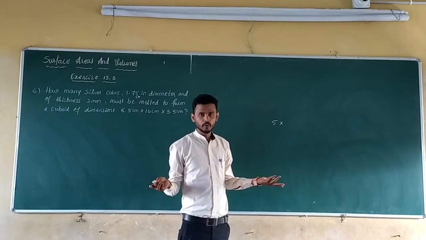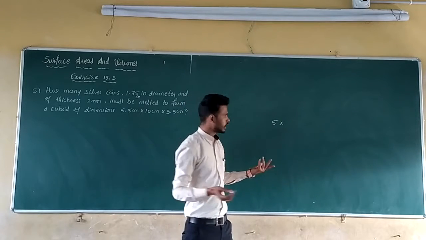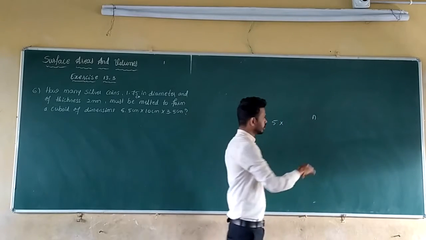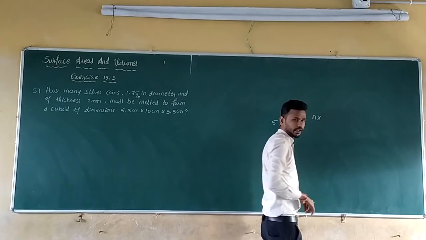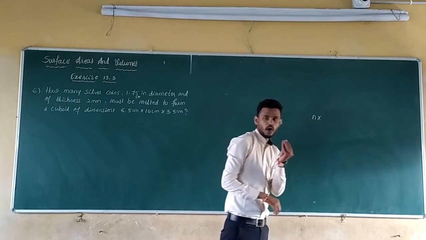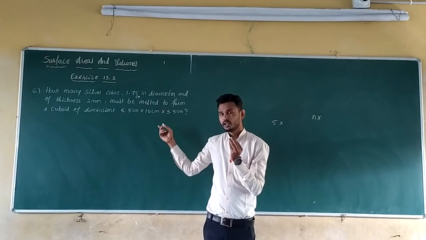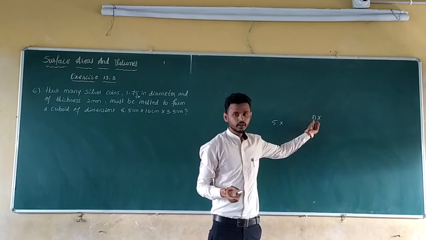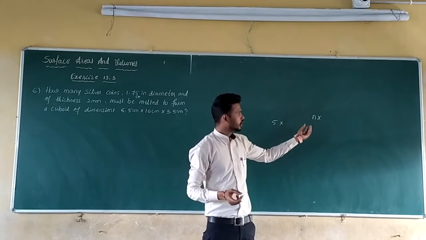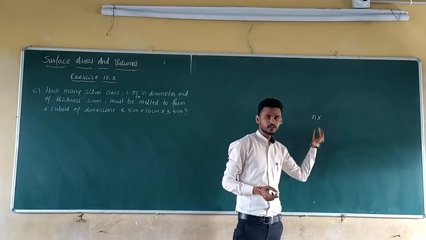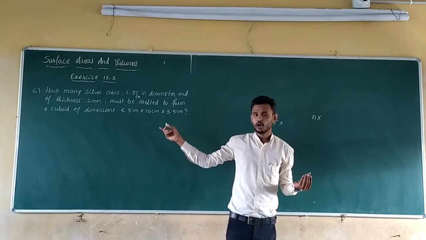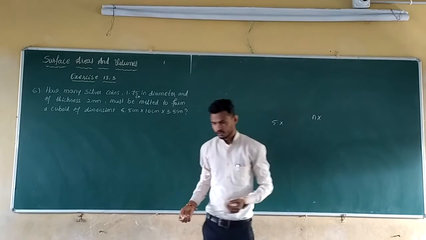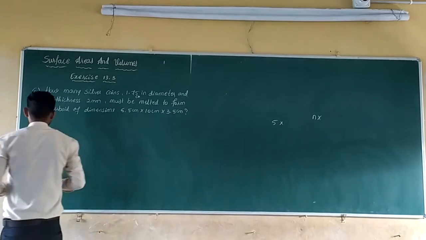But we don't know how many coins are there. So let us take that as n coins. So volume of n coins will be same as volume of the resulting cuboid.